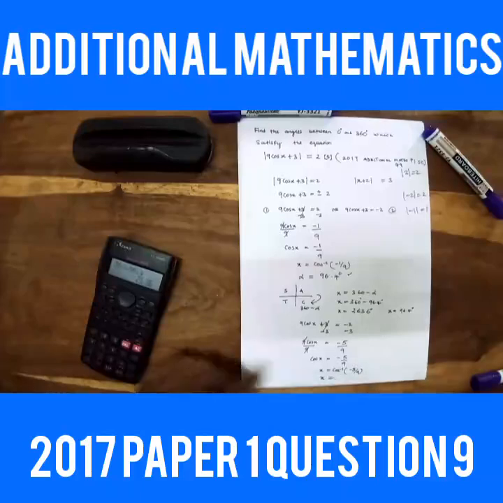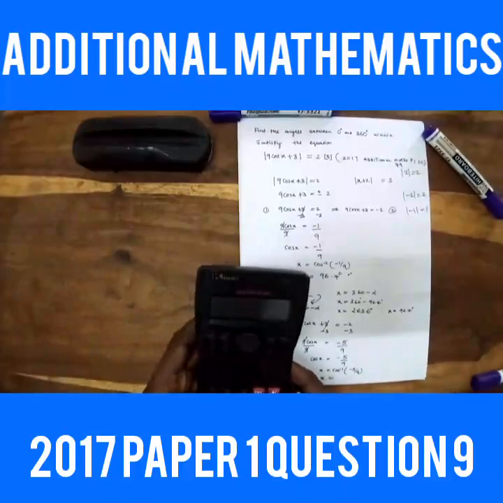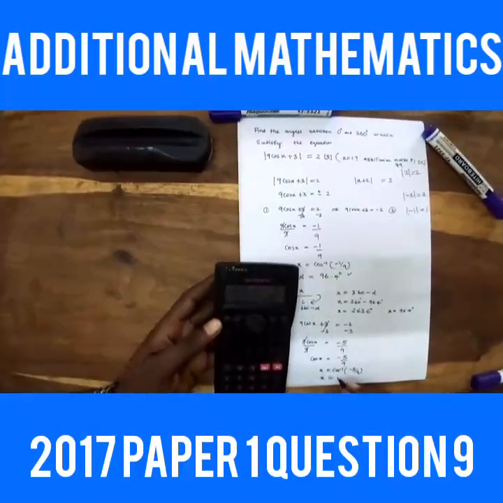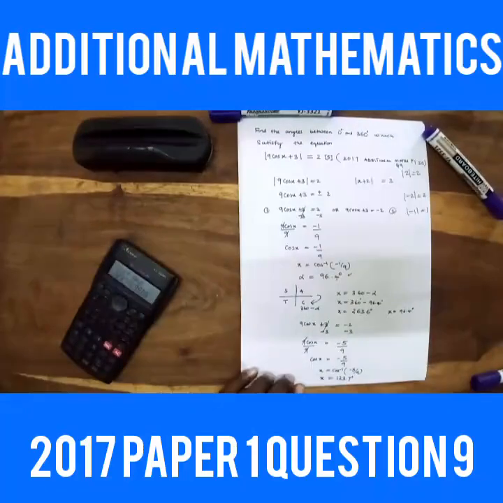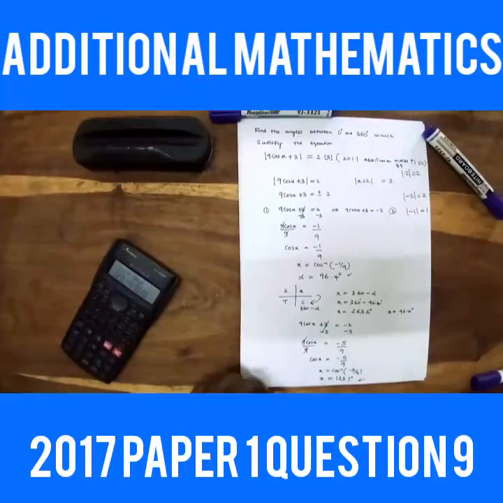So x will come out as, negative 5 divided by 9, cosine inverse of the answer. I'm getting this as 123.7 degrees. So my alpha is positive. Since the answer has come out as positive, we go where cosine is positive, which is the fourth quadrant. Now to get an angle in the fourth quadrant, we know that x will be 360 minus alpha.